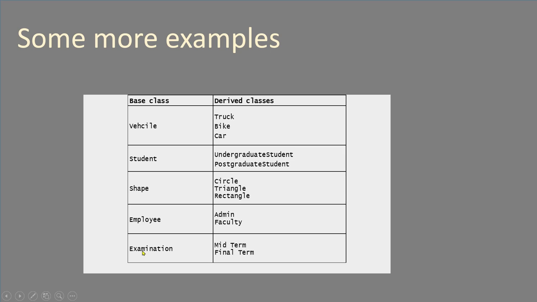For example, examination, whether this is a midterm examination or a final term examination. In midterm examination, the total marks assigned to it. Final term examination has its own attributes, for example, number of assignments, number of quizzes, the overall marking of the student, and the resulting grade of the student.